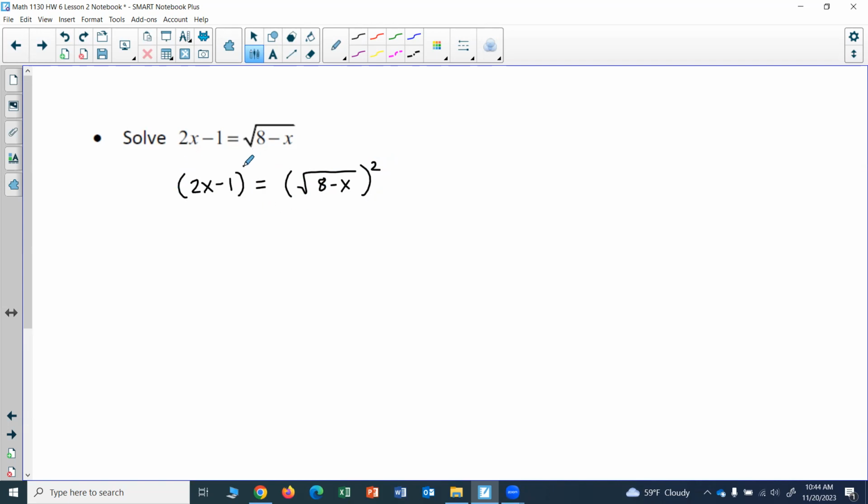Now over on the right side, the square and the square root cancel each other out. Here on the left side, I get 2x minus 1 quantity squared. And so I'll have to multiply that out over here. So I get 2x minus 1 times 2x minus 1. This time I'll just go ahead and FOIL it out. So I'll end up with 4x squared minus 2x minus 2x plus 1.